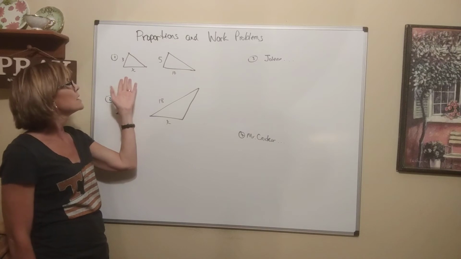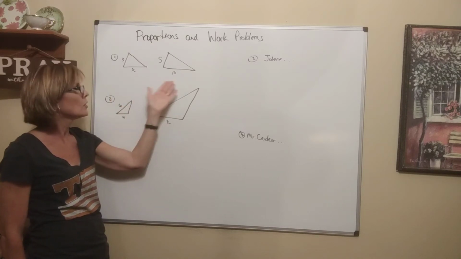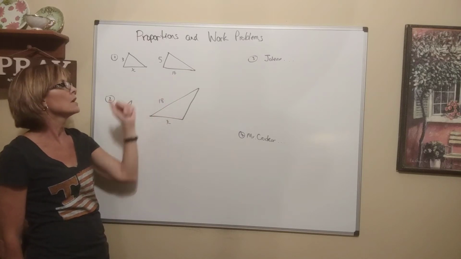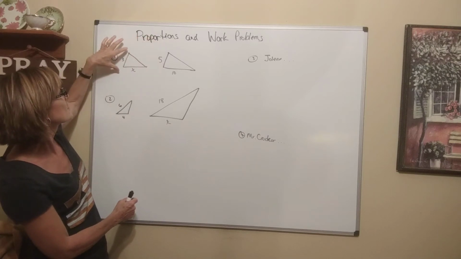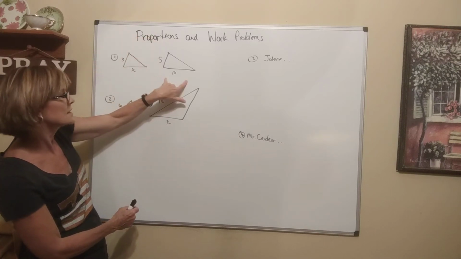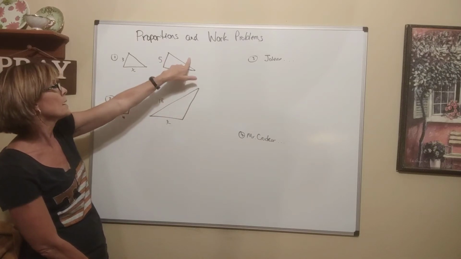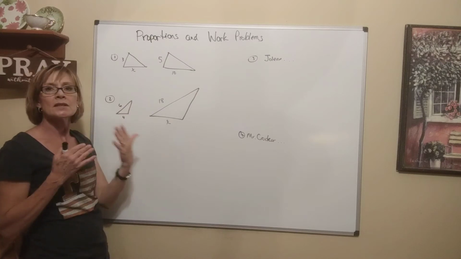In other words, this triangle is the same shape as this triangle, but it's so many times bigger than this one. That means this side is so many times bigger than this side, and this other corresponding side is the same amount bigger than this side. So that's what similar means.